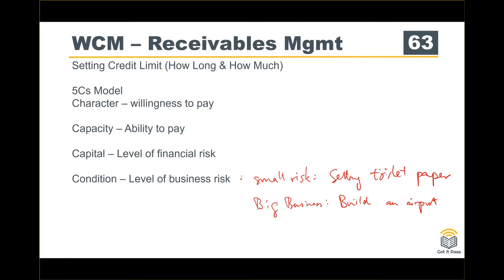Sometimes if there is a virus or terrorism, then a flight warning is issued, a lot of passengers cannot be on board, and it will completely affect your business. So here, the level of business risk depends on which industry you are in.